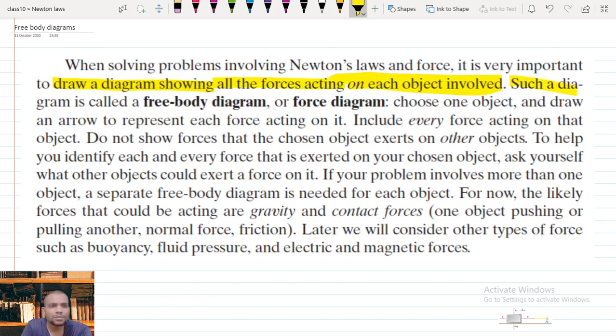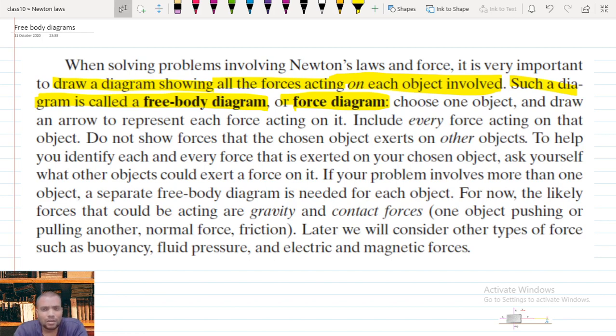Such diagrams we call free body diagrams or force diagrams. Free body diagrams help us to find the resultant force. Whatever situation is given, if you draw a proper free body diagram, it leads us to a very good and easy result. For that, we need to follow certain rules, not very big or complicated.